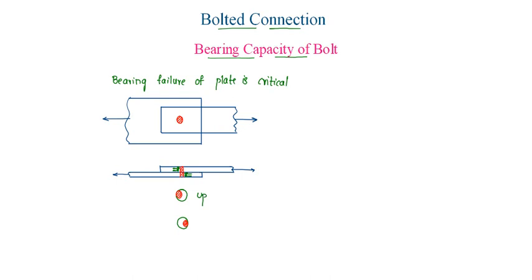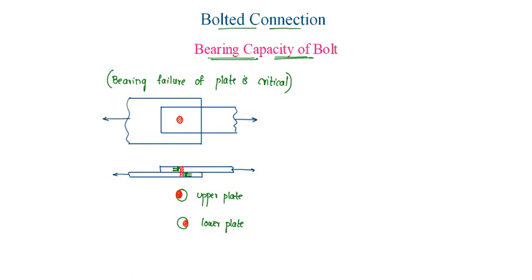If we consider the upper plate, the bolt gets shifted to the left and the size of the hole increases, whereas in the lower plate it shifts to the right and the size of the hole increases. Bearing failure of plate is indirectly calculated by the bearing capacity of bolt.